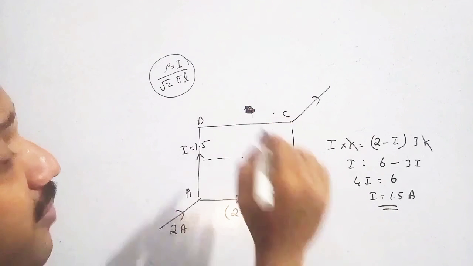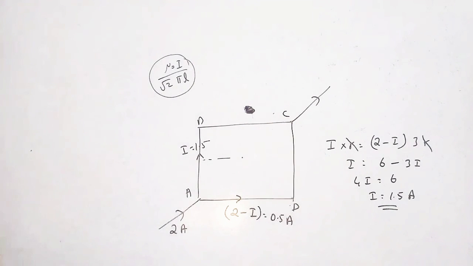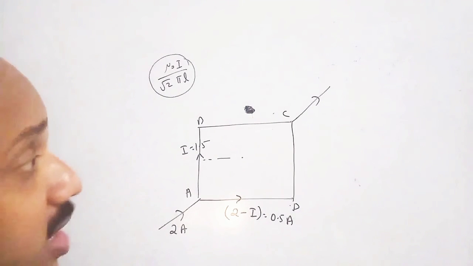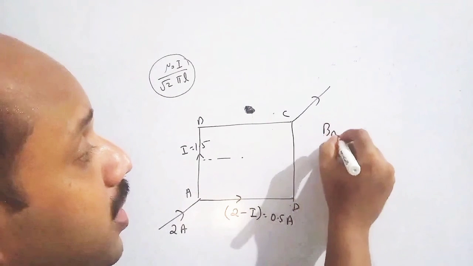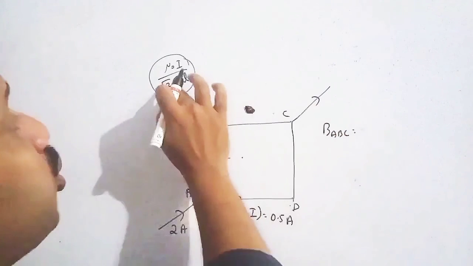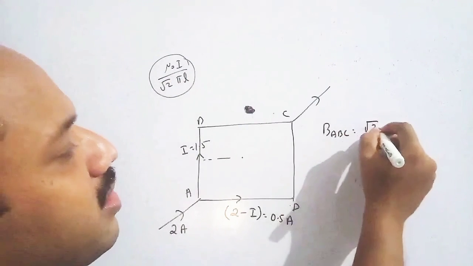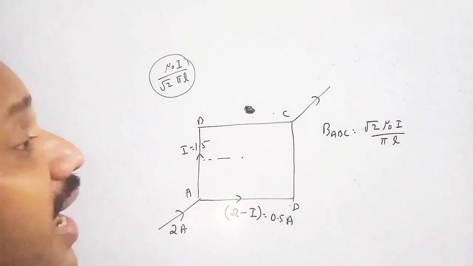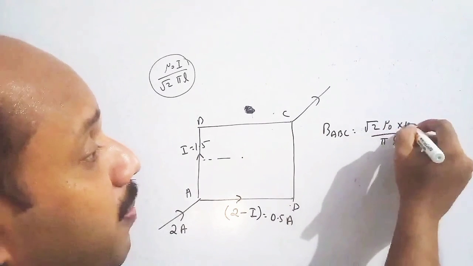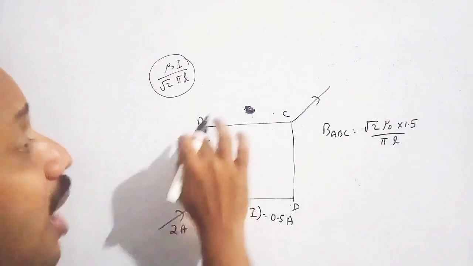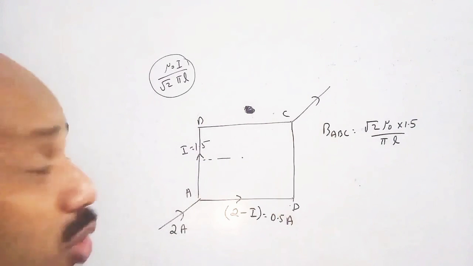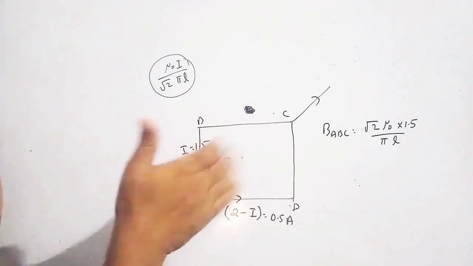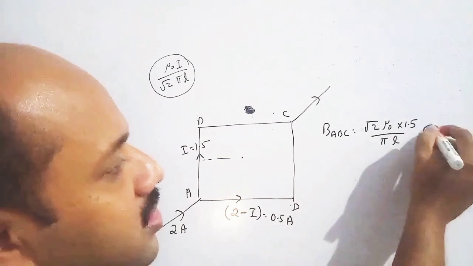Therefore the magnetic field due to the upper wire, BABC, is 2 into this one, that is 2 root 2 mu 0 I divided by pi L. That I is 1.5. Now this current is clockwise. Therefore the magnetic field due to clockwise current at a point inside is into the plane, or use your right hand thumb rule. This way the magnetic field is into the plane.